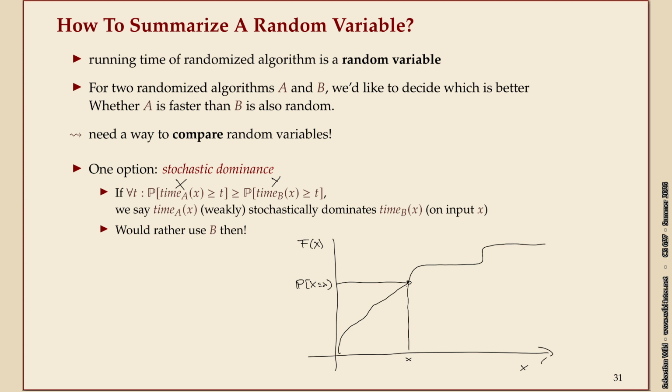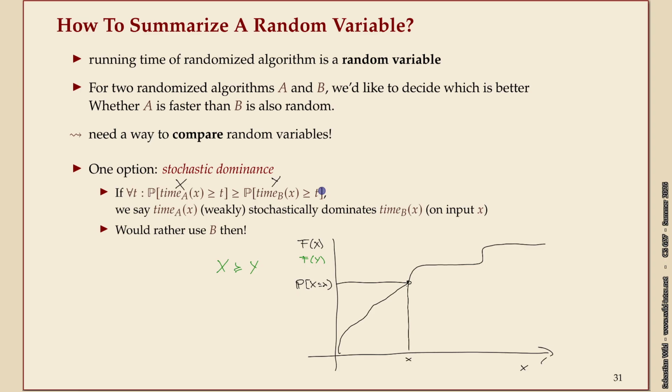And then we have our variable y on the same space. Now what the dominance means at any point: if I look at some point t, the probability that x is larger than this point should be bigger than the probability that y is larger than this point, as it says here.